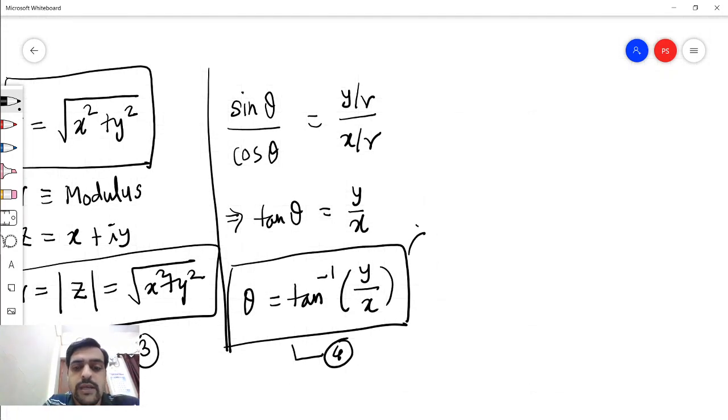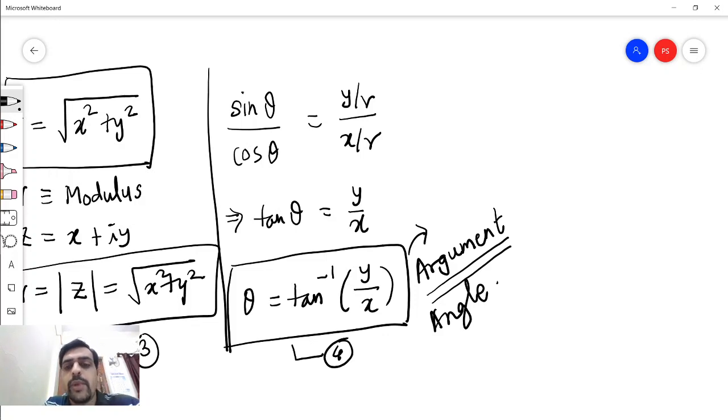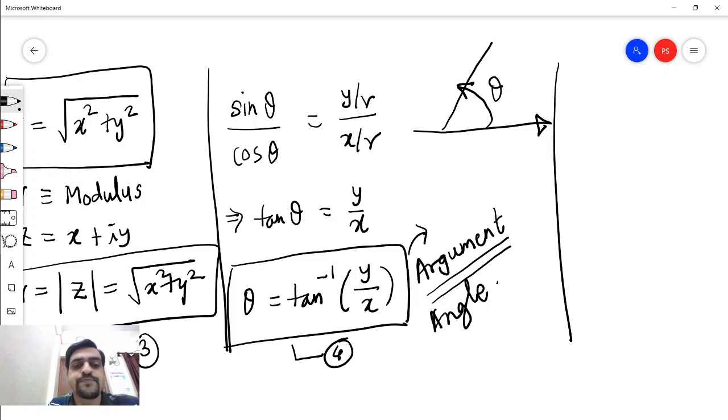This theta is called the argument, or just the angle. We have to remember that theta is always measured with respect to the x-axis in the anti-clockwise direction. This thing we have to remember.